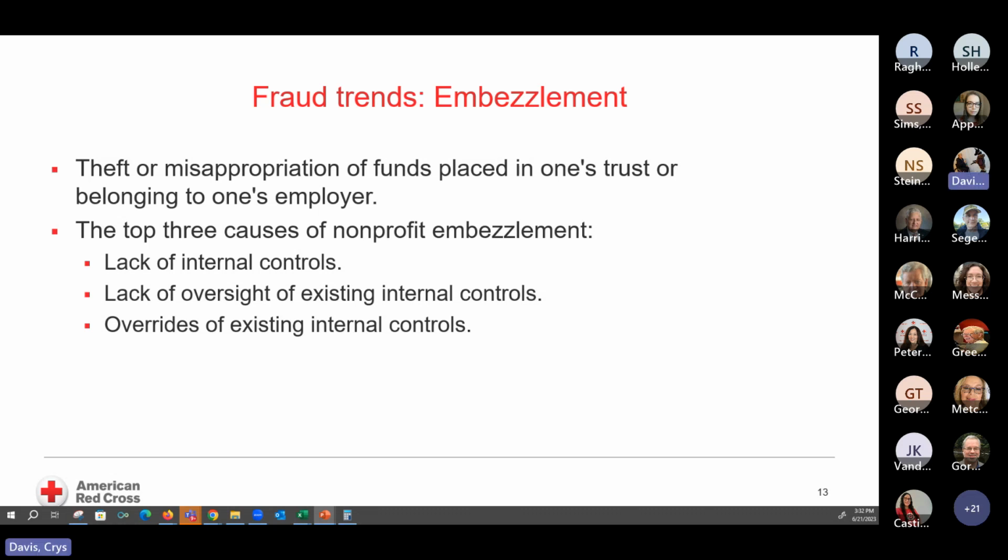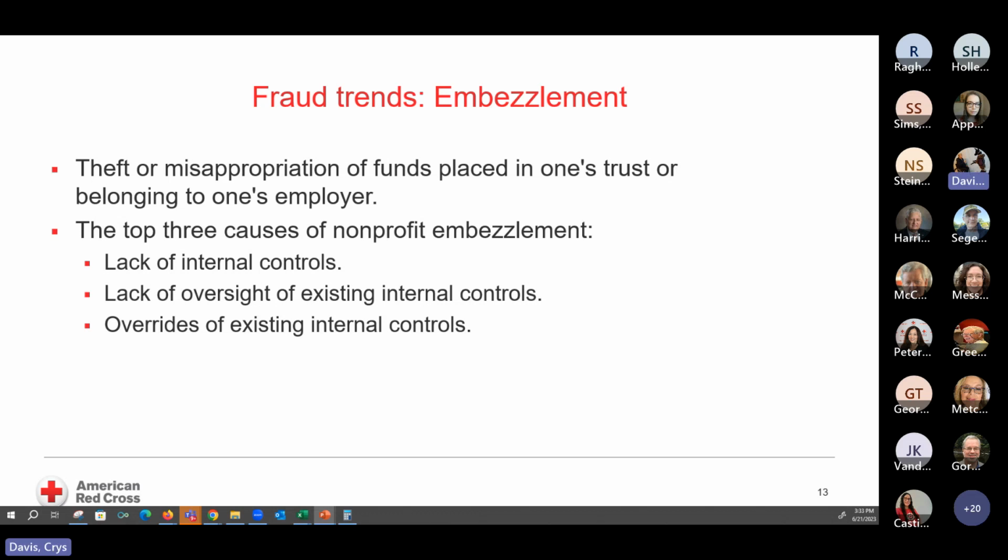So that would be fraud for us that was done by somebody with the Red Cross. And our forms of embezzlement might come in the form of CAC or EFT fraud, might actually come in the form of a P-card fraud too. But we as compliance reviewers don't deal with P-cards.